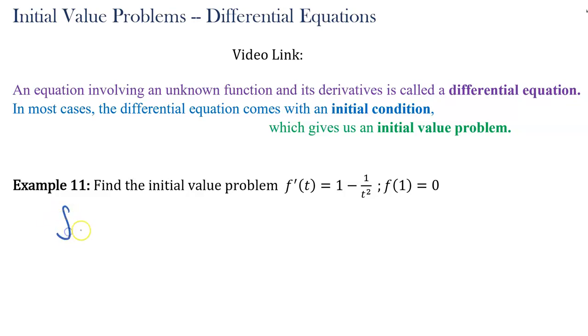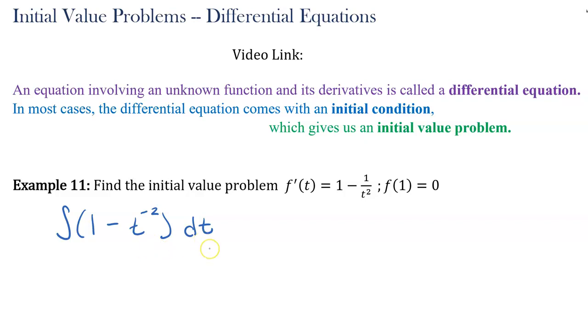So we are going to integrate 1 minus 1 over t squared, which, if you remember, means that that would be t to the negative 2 power dt, which is much easier than trying to do 1 over t squared.